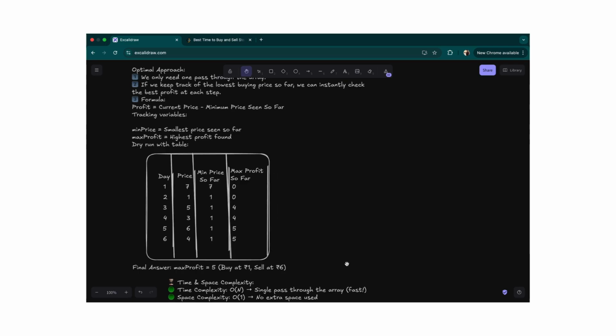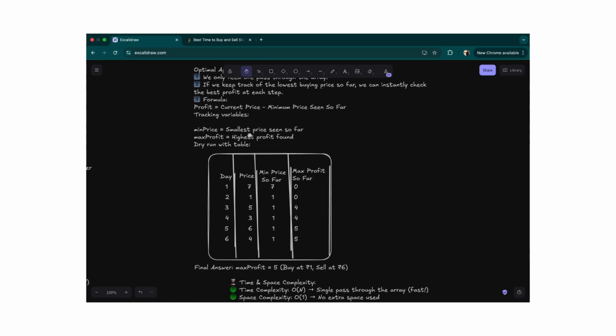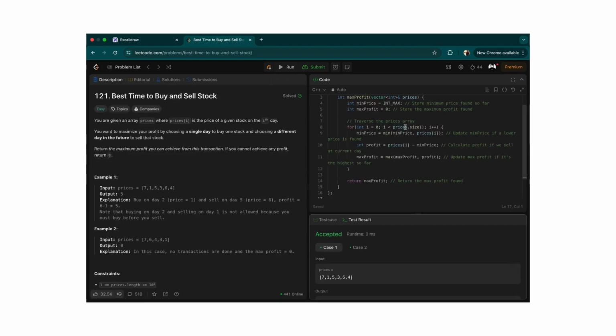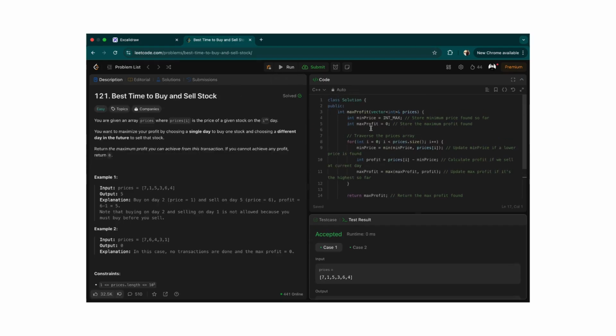Let's go through the LeetCode interface and try to visualize the solution. So basically, we have the maxProfit function, and we initialize a minPrice variable with INT_MAX that will store the minimum price found so far, and we also initialize the maxProfit value to 0, which stores the maximum profit found.